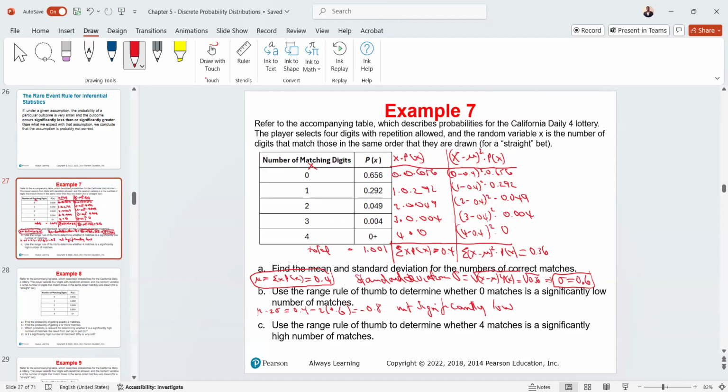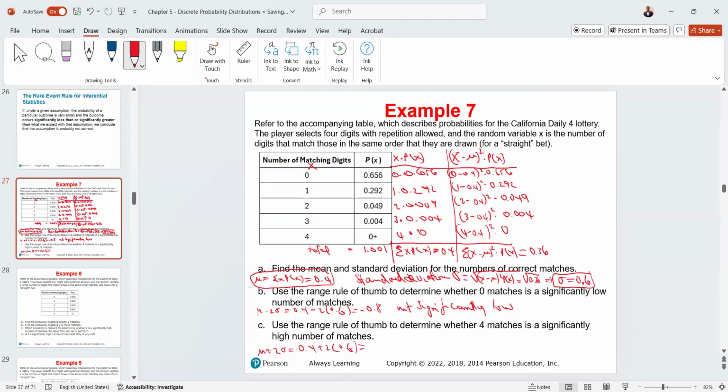But use the rule of thumb to determine whether 4 matches is significantly high. Significantly high means mu plus 2 standard deviations. So that means 0.4 plus 2 times 0.6.